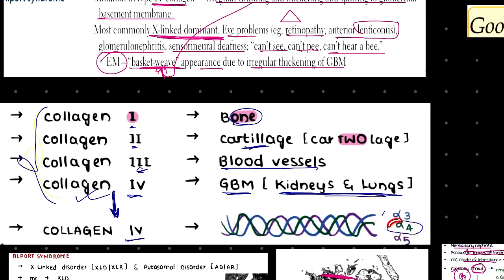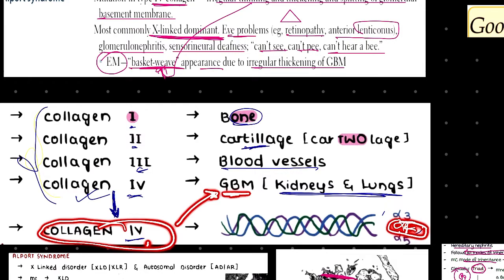There will be a defect in collagen 4, and as there will be a defect in collagen type 4, there will be a defect in our GBM, the glomerular basement membrane in kidney and lungs both.